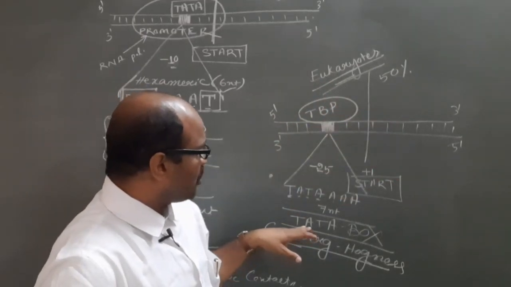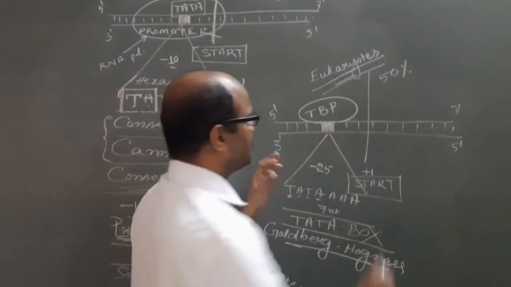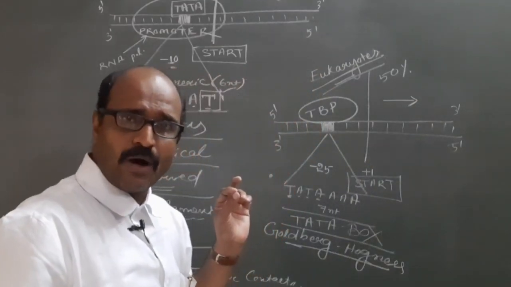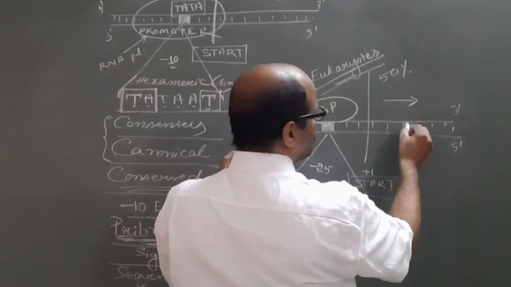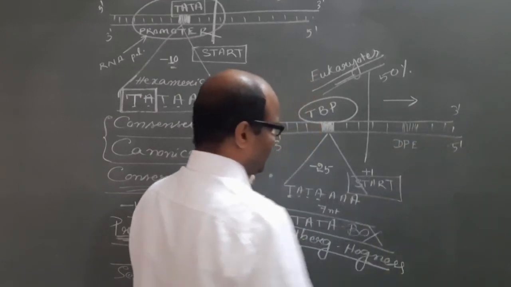But along with the TATA box, some sequences are also present in the downstream region, known as the downstream promoter element.